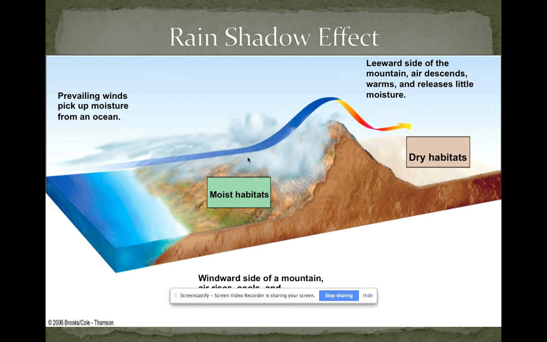On the windward side of the mountain, there's a lot of rain. But once the air goes up the mountain, it's lost all its moisture. So on the leeward side, it's not going to have a lot of moisture. You may have a desert on the leeward side, and a forest on the windward side.